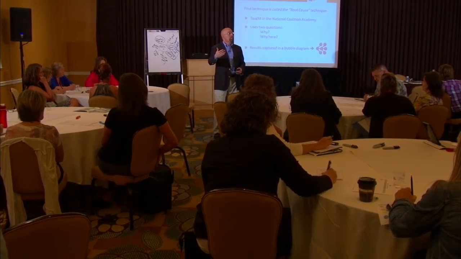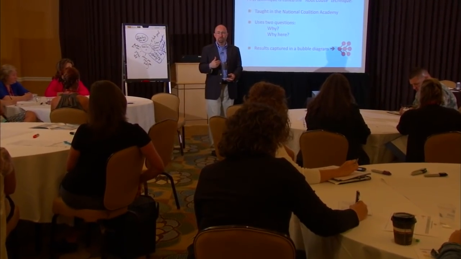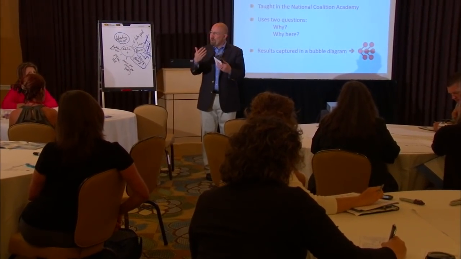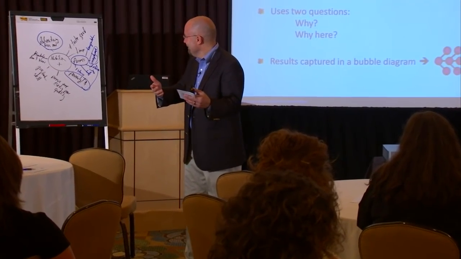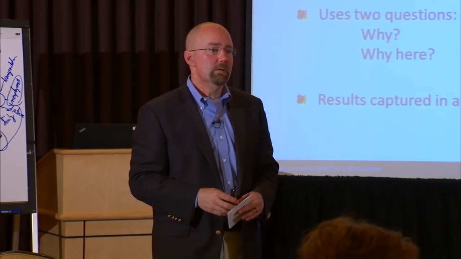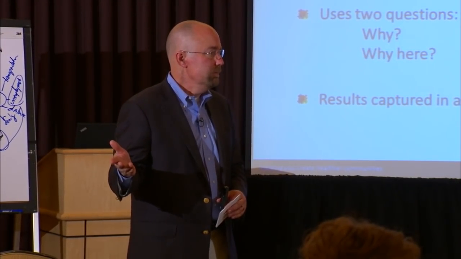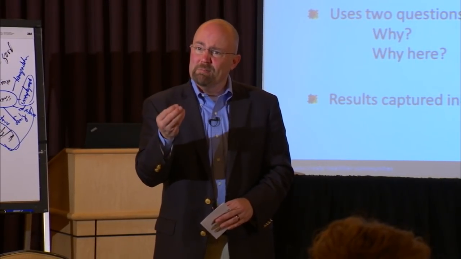The next question is, why here? And this is designed to ask, in our community, what local conditions are creating this risk, availability, or failing to protect or develop as we should? These are things particular to our community. Now, we probably have them in common with other communities. We're not all terminally unique. We can learn from each other. But they are clearly specific to your community in a recognizable way.